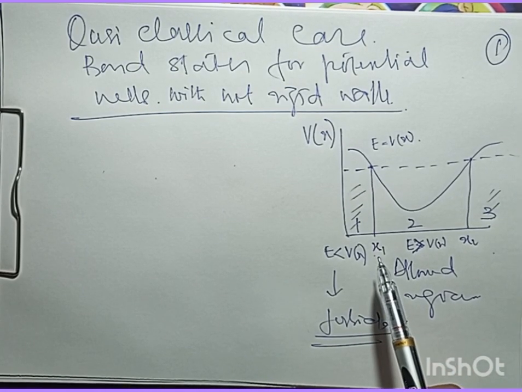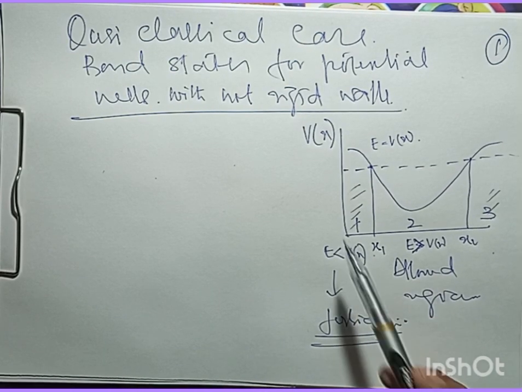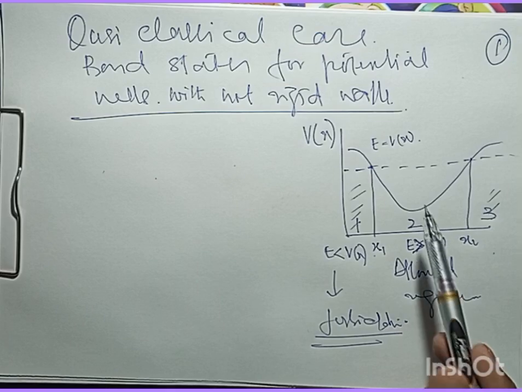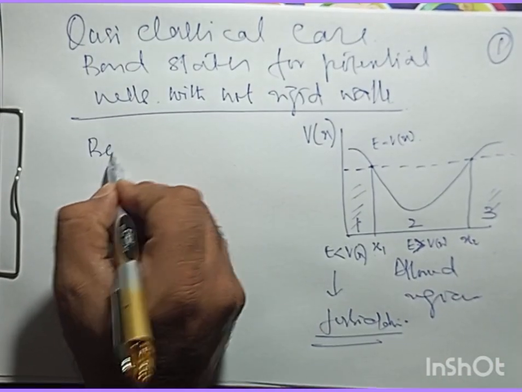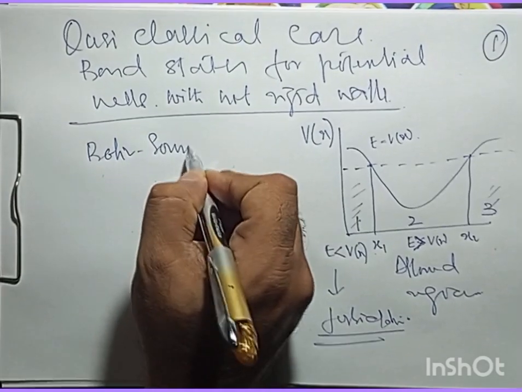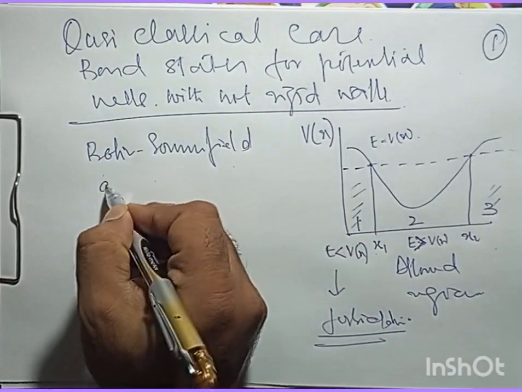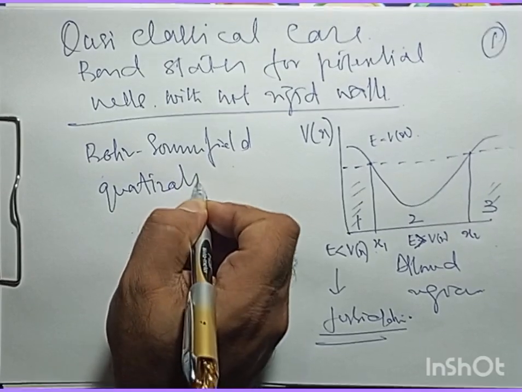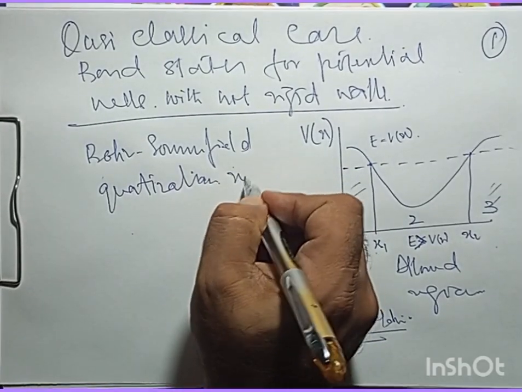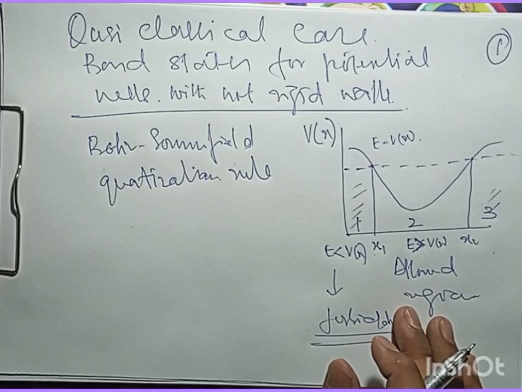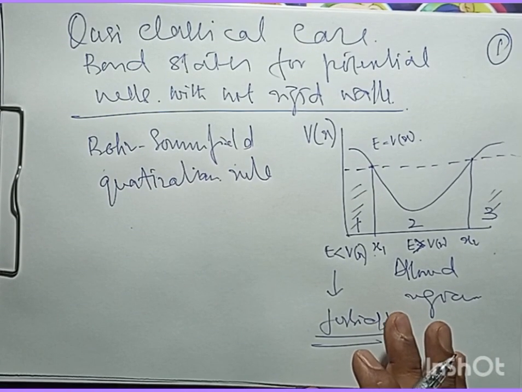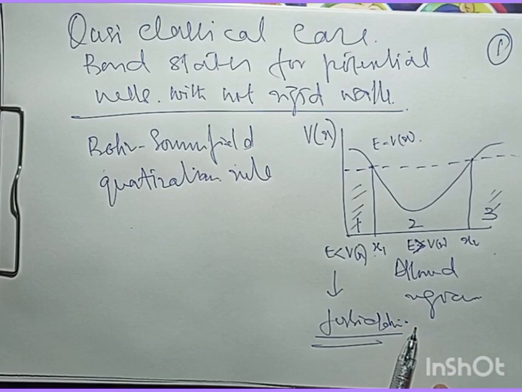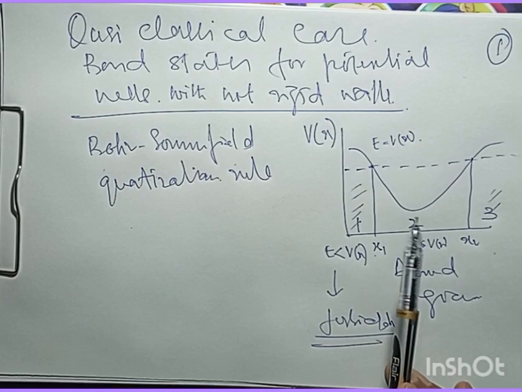What is important is that this quasi-classical approach automatically leads to the Bohr-Sommerfeld quantization rule, from which we have the bound state energies, and which ought to be extracted here.